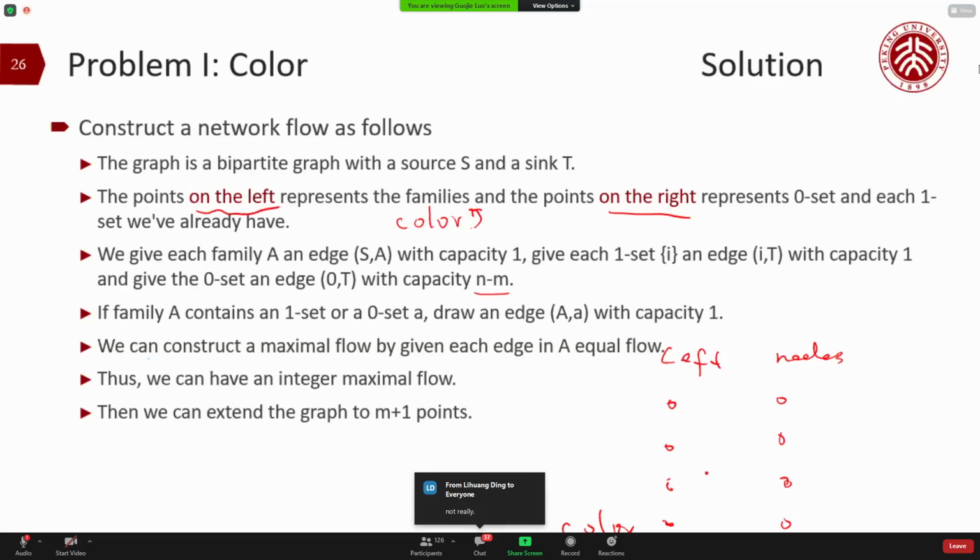In this way, we can find out the coloring of the edges after we perform a network flow on this graph. If there exists a legal solution, we can always find out the coloring. So this is one possible solution to problem I.